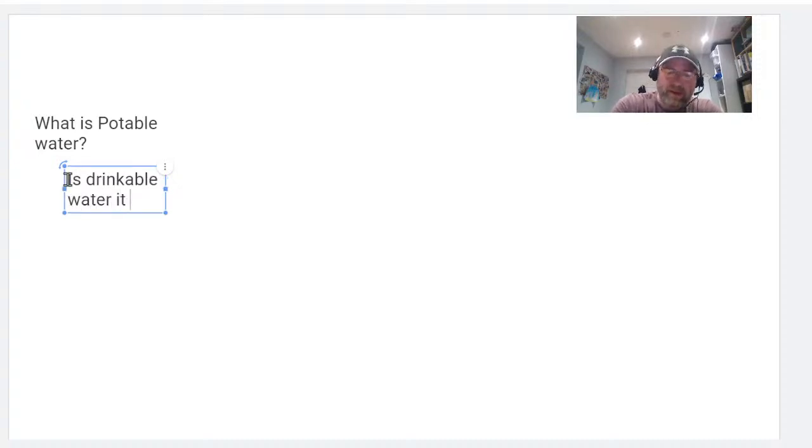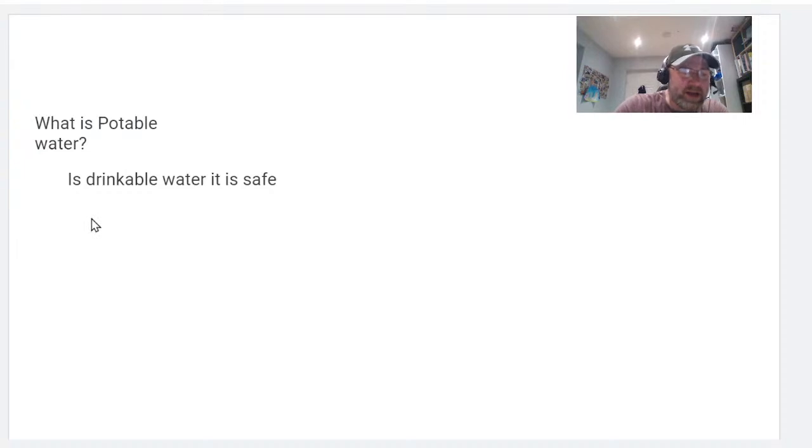It is safe to drink. It's not that it has nothing dissolved in it. It does have stuff dissolved in it, but it's safe to drink. It's either been treated or it's naturally safe to drink, like a spring.